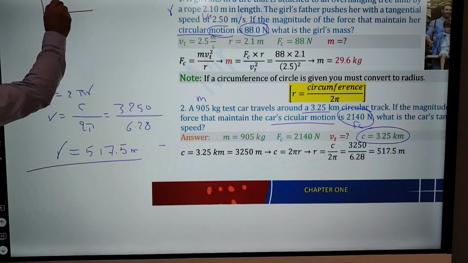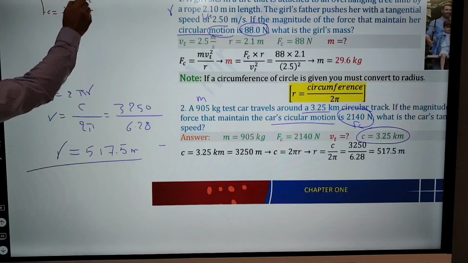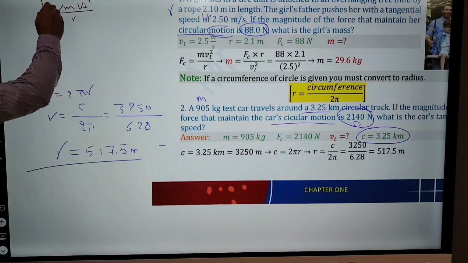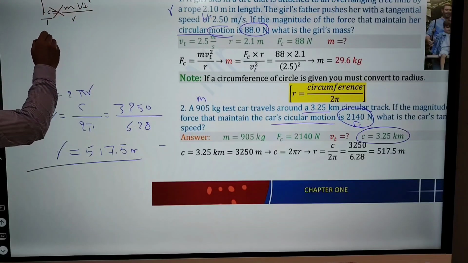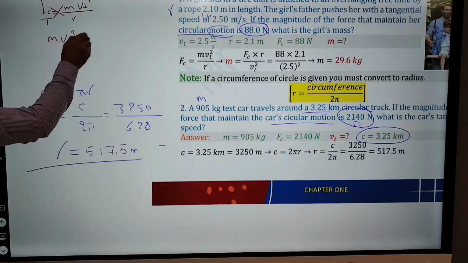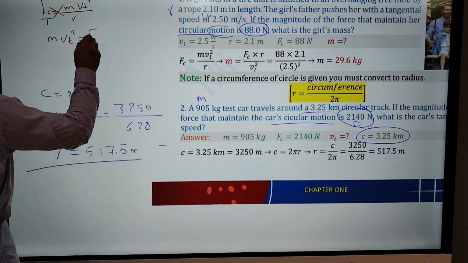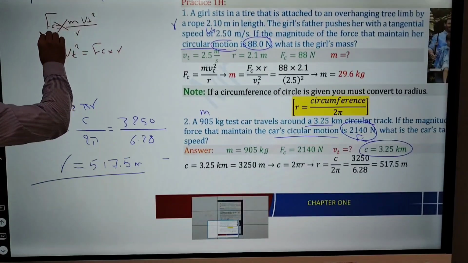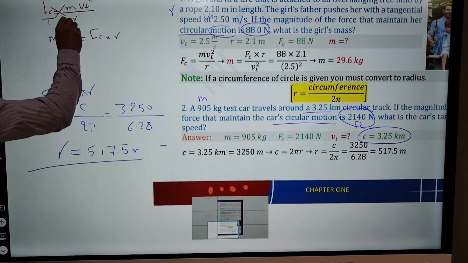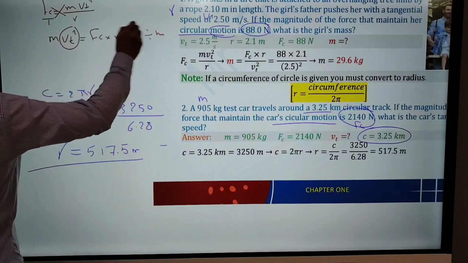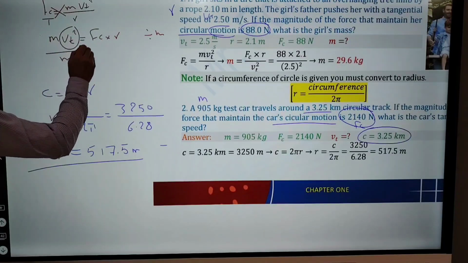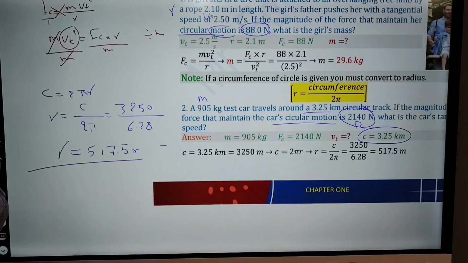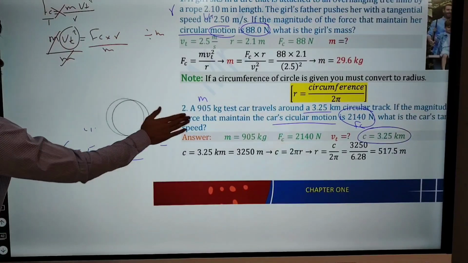Okay? So replace into the equation. How can you find the tangential speed? Because Fc is equal to mvt squared over r, cross multiply: mvt squared is equal to fcr. To find vt squared, both sides are divided by mass. Mass with mass cancels.